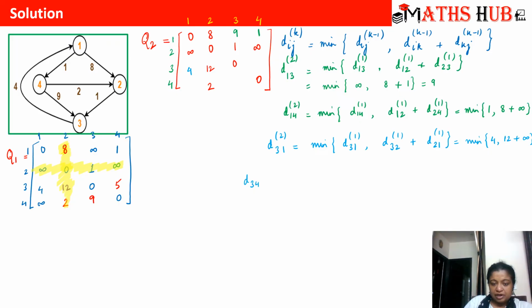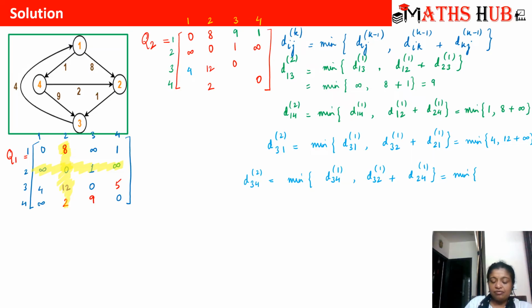And then we calculate D34. D34 in the new weighted matrix 2. So this is minimum of D34 in the previous one, D32 in the previous one plus D24 in the previous one. So how much is this?